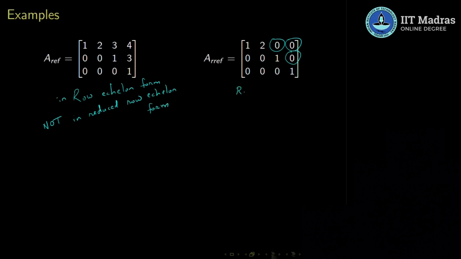And this is in reduced row echelon form. And of course, if it is in reduced row echelon form, it is already in row echelon form, because reduced is a stronger requirement.